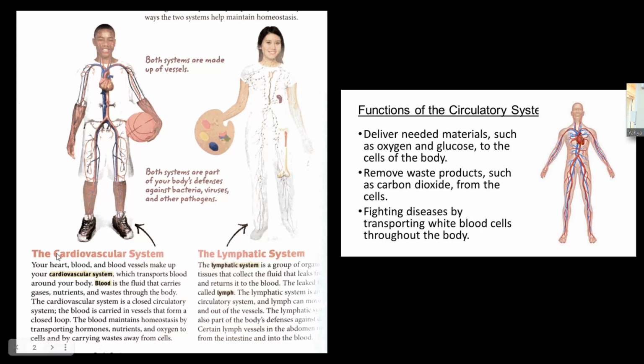The cardiovascular system is the system that transports things like oxygen and glucose to all of the cells of the body. So the circulatory system is responsible for taking important nutrients and sending them wherever they need to go in the body. It also takes waste products such as carbon dioxide from the cells and brings them back so they can be taken away outside.